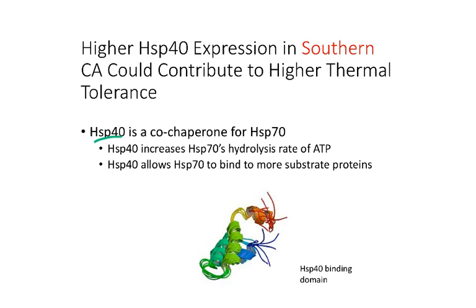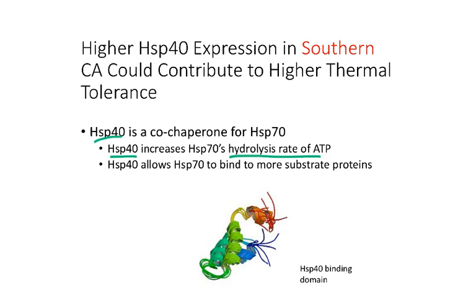What HSP40 does in particular is increase the hydrolysis rate of ATP for HSP70. So essentially it allows HSP70 to do its job faster because it needs ATP to do its job. If it can hydrolyze it faster, it can do its job faster and also help refold more proteins.